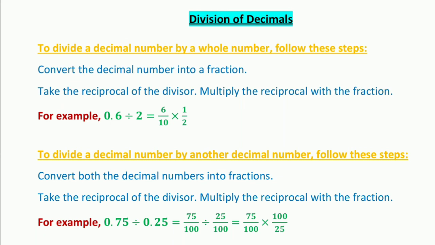That is, 0.75 is equal to 75 upon 100 and 0.25 is equal to 25 upon 100. That is 75 upon 100 divided by 25 upon 100. Now take the reciprocal of 25 upon 100, which is 100 upon 25. That is 75 upon 100 into 100 upon 25. Is it clear, everyone? Very good.